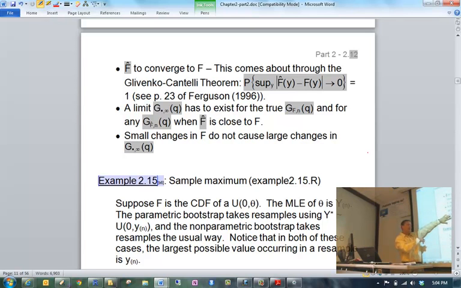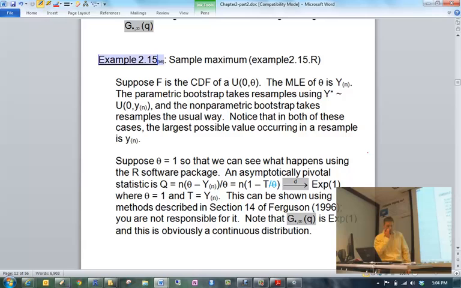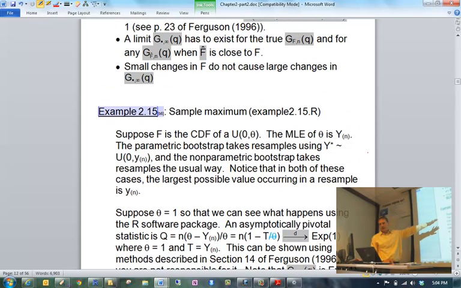And last, this is a big one. Small changes in F do not cause large changes in this asymptotic distribution. Okay. Here's an example where the bootstrap fails. I should say, small changes in F do not cause large changes. Think of it also in terms of F hat.